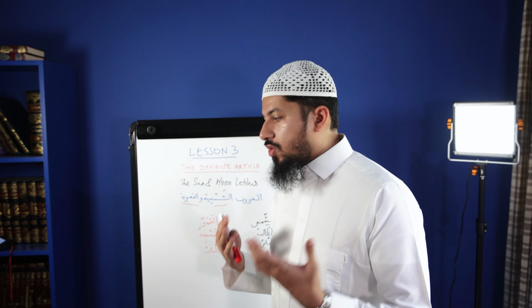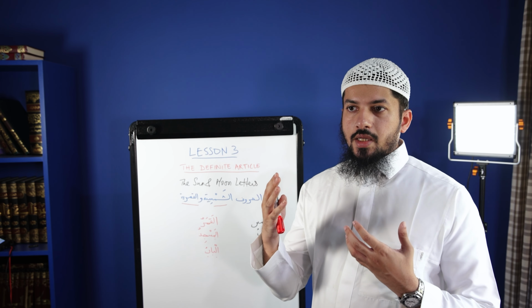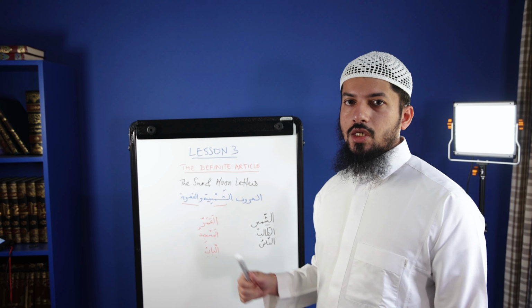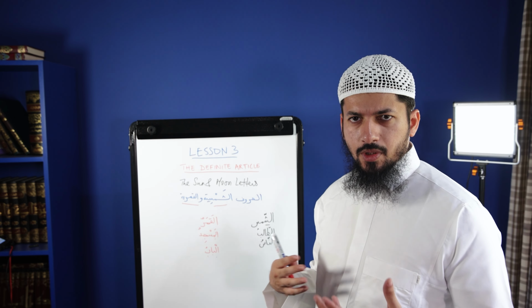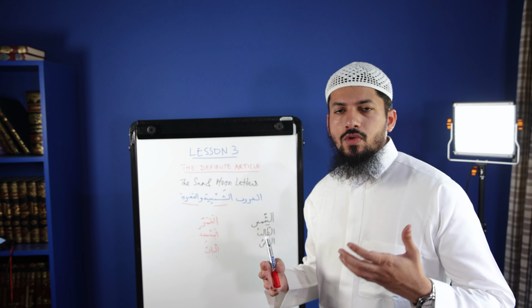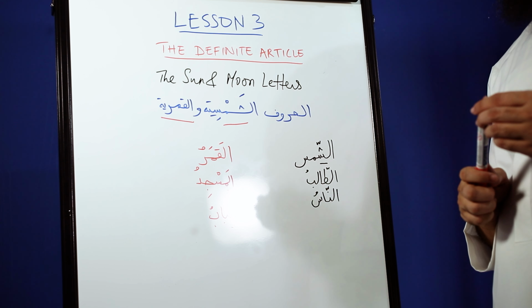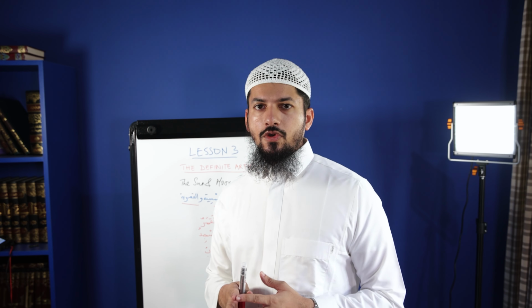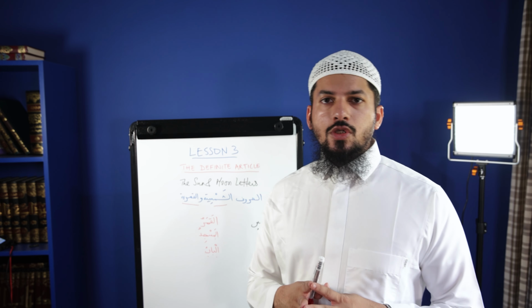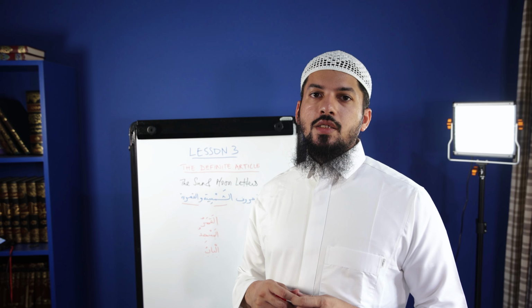Ash-shams, at-talib, an-nas. And for al-qamariyya, it is a bit distinct, so it is easier to pronounce the lam with the sukun. It is helpful to go through the list of words, and if memorizing them makes it easier for you to identify them, then by all means go ahead. Half of the Arabic alphabet is ash-shamsiyya and the other half is al-qamariyya.